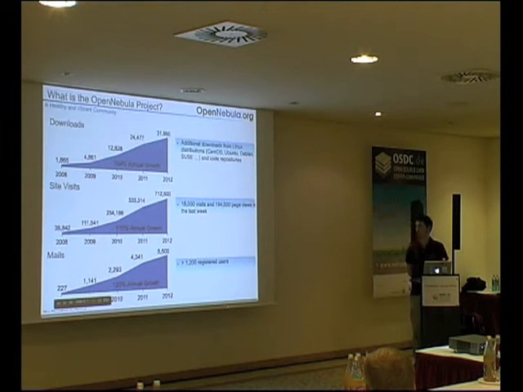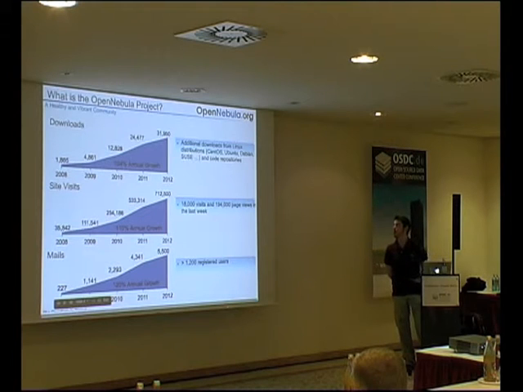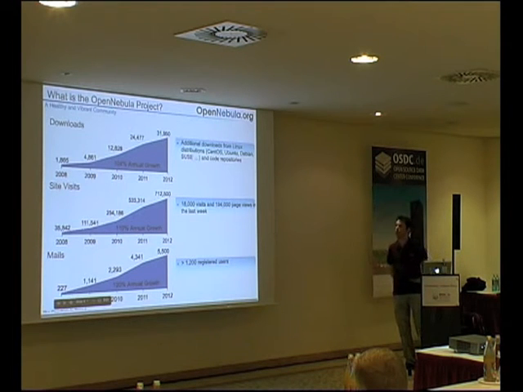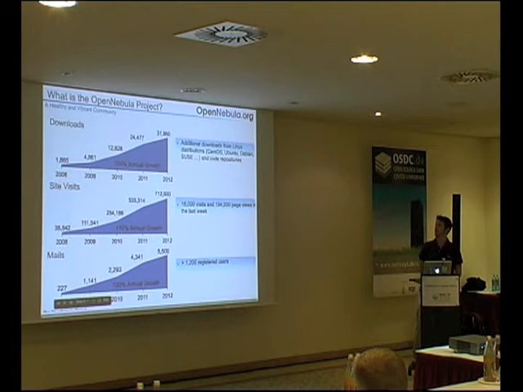There's a great deal of visits to the web page, and also a lot of downloads. We just count the downloads from our web page, and we don't count the downloads from the Linux distributions that have OpenNebula packages like CentOS, Ubuntu, Debian, and SUSE.